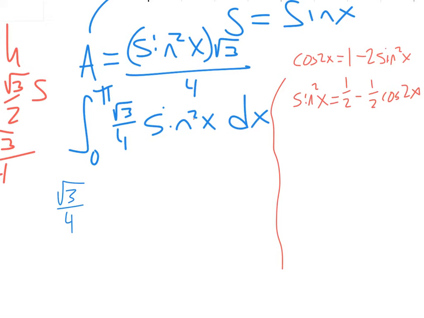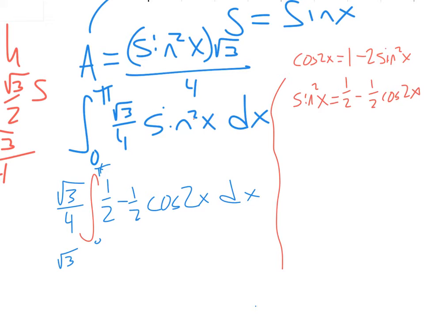So we're going to substitute this here. This is the integral of 1/2 minus 1/2 cosine 2x from 0 to pi, dx. Well, that gives us this. I'm going to split this into two integrals.